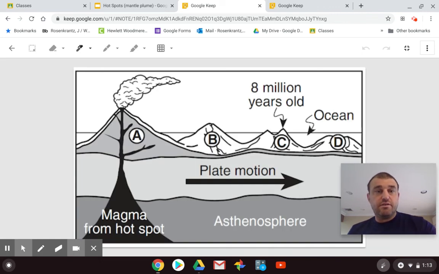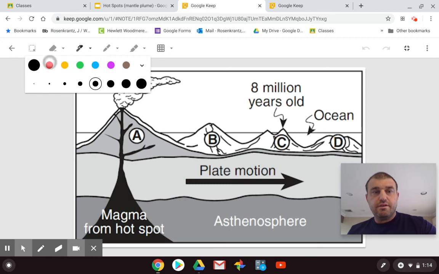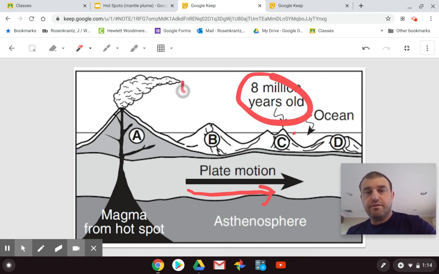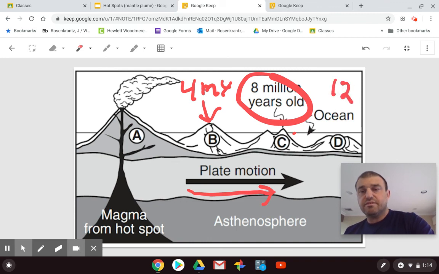Okay, so let me turn the pointer off, sorry. This is the direction the plate has been moving. So if this is 8 million years old, this is probably 4 million. And since they all look evenly spaced, I would say this is about 12 million. So it allows you to make predictions based on motion and based on speed.